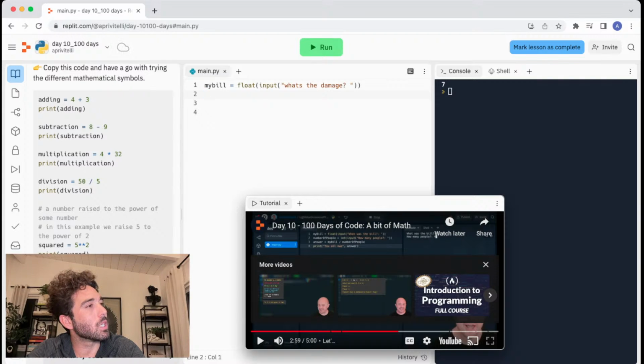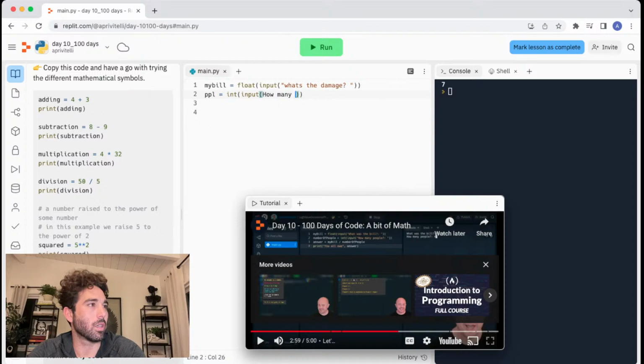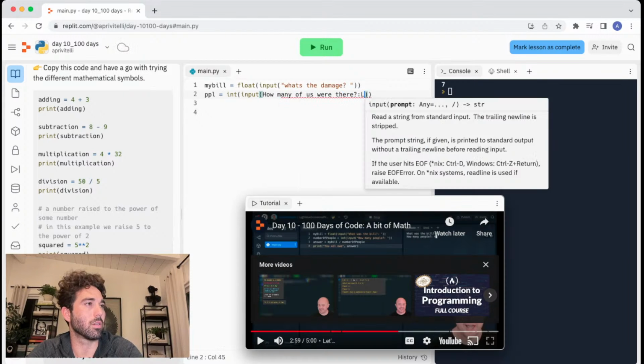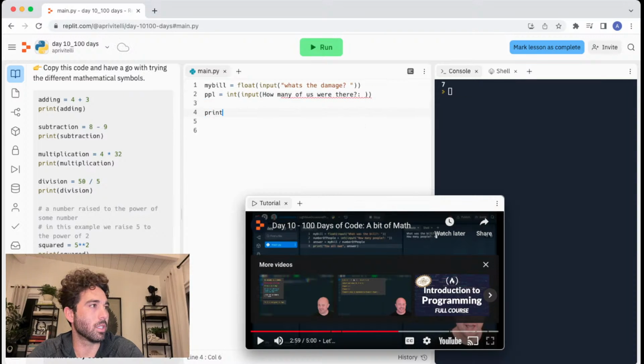Then number of people: people equals int input, how many of us were there? Cool. And then print.